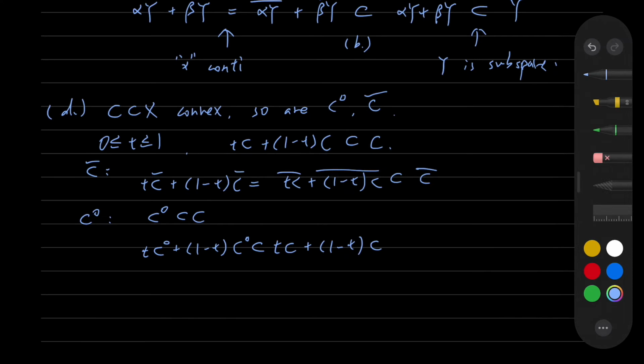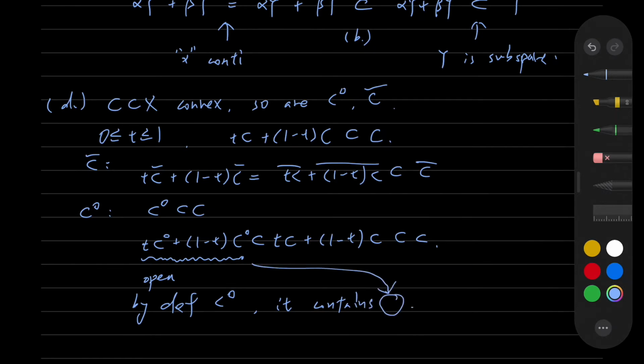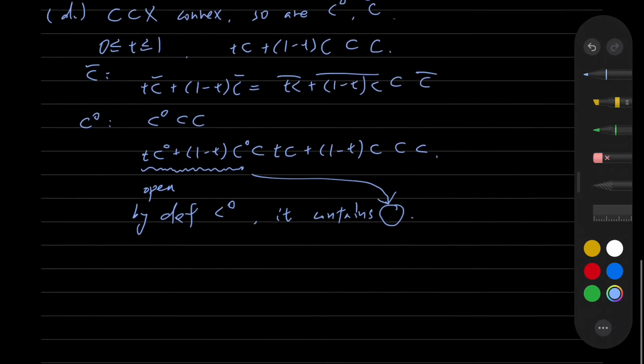And by definition, it is convex, so it's also contained in C. But the set at the very left here is an open set. So by definition of the interior of C, it contains this. So that proves it.